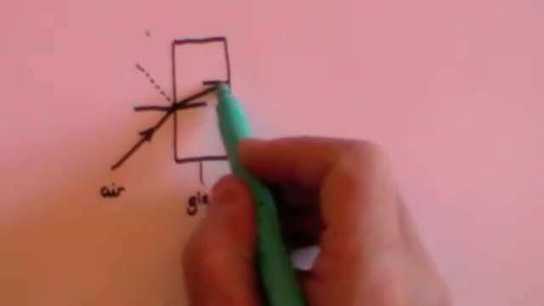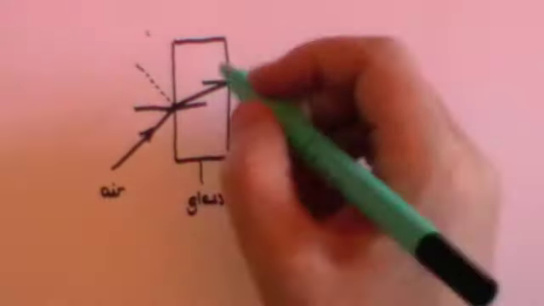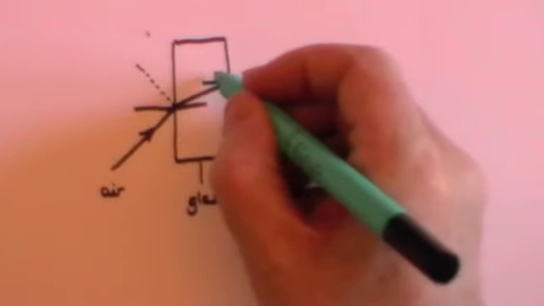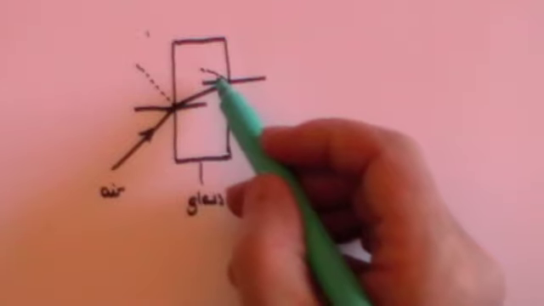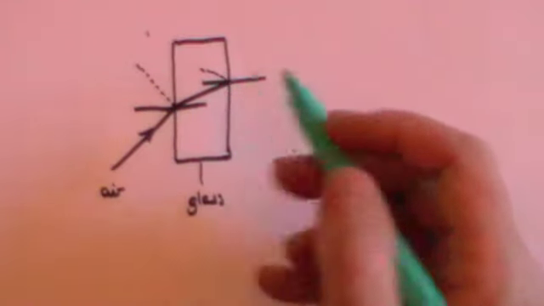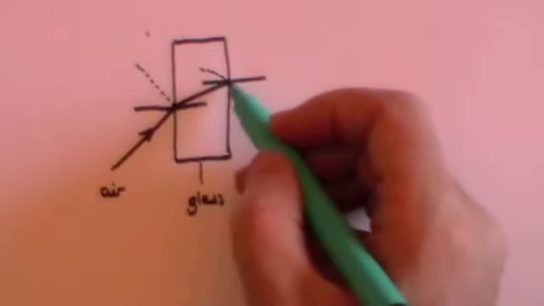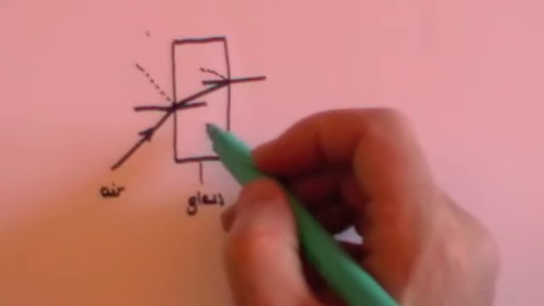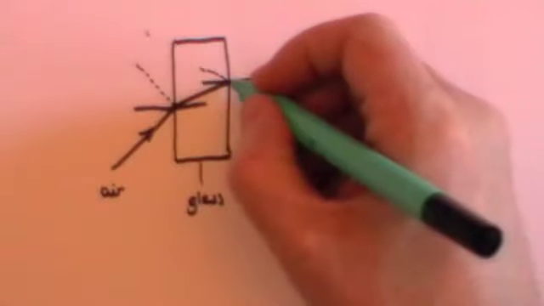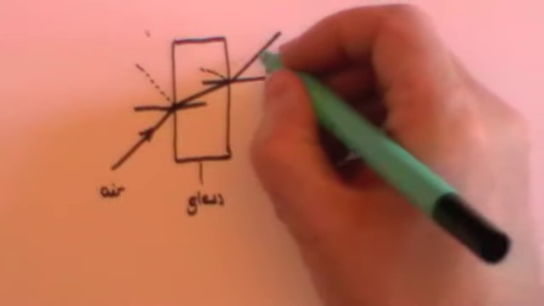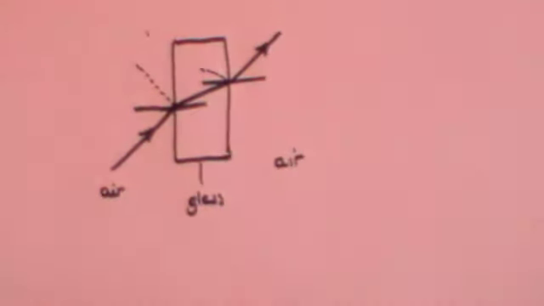Well, once again, we draw a normal, and once again there will be a tiny amount of reflection, but we're not really bothered about that. But again, the angle of incidence will equal the angle of reflection here too. But now we're going from a more dense medium, glass, to a less dense medium, air, and so the light is now going to bend away from the normal.